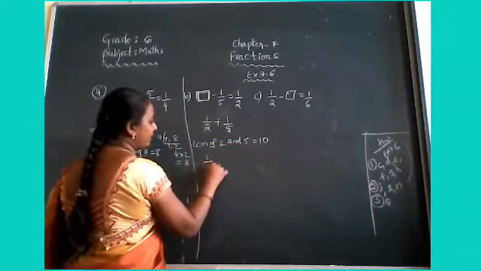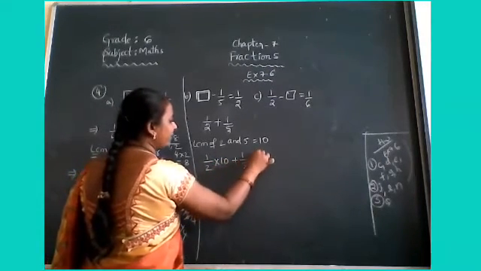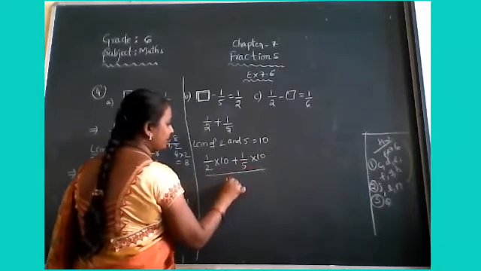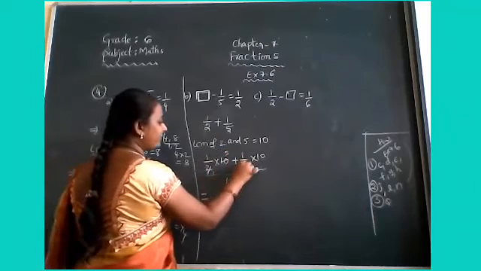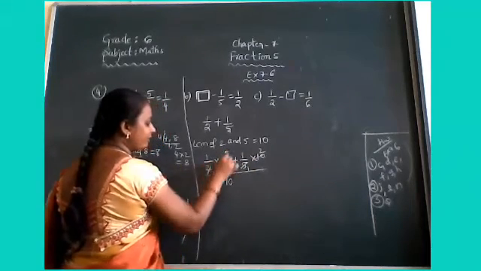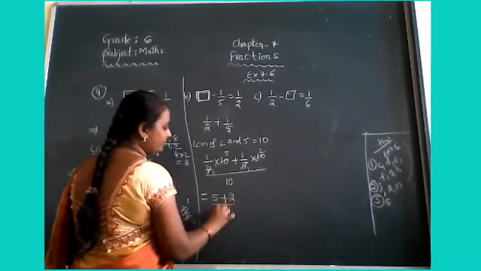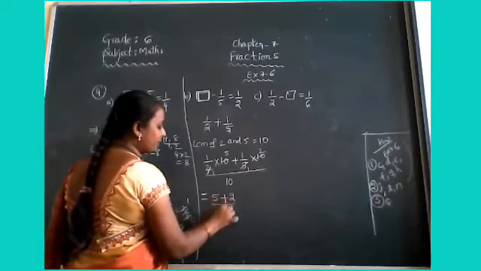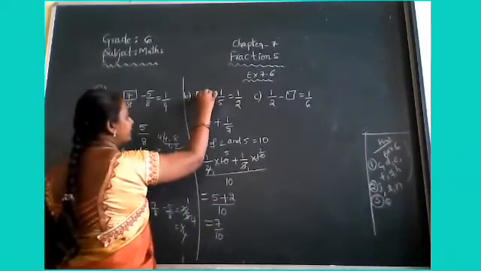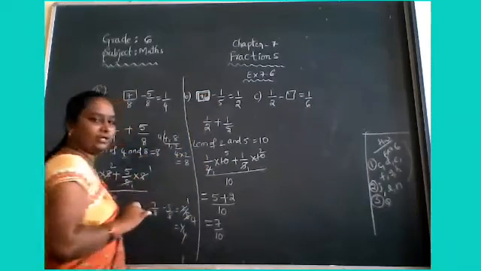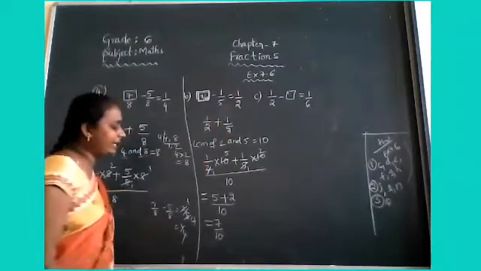Now multiply numerator and denominator to get 10. 1 by 2 into 5 by 5 plus 1 by 5 into 2 by 2. 1 into 5 is 5 plus 1 into 2 is 2, over 10. That is 5 plus 2 is equal to 7 by 10. So the required fraction is 7 by 10. Okay, 7 by 10 minus 1 by 5 gives 1 by 2.